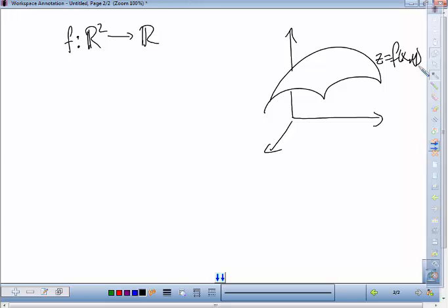It's not just going from A to B, but our domain is in 2 dimensions. So already we're in a different world. And so for simplicity's sake, let's consider a rectangular region in our 2-dimensional domain.